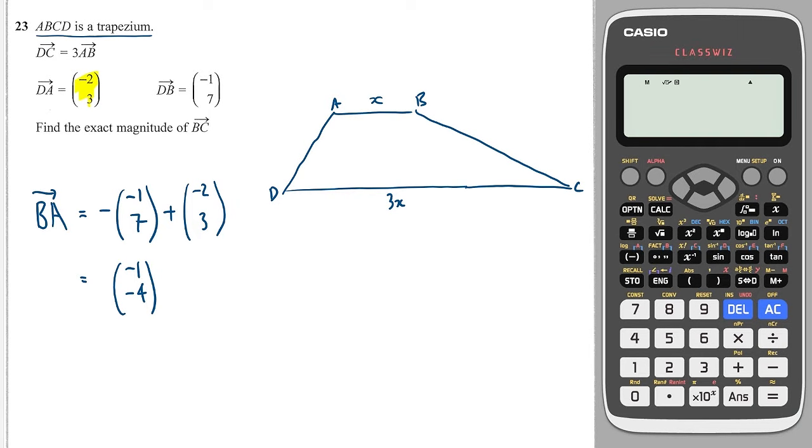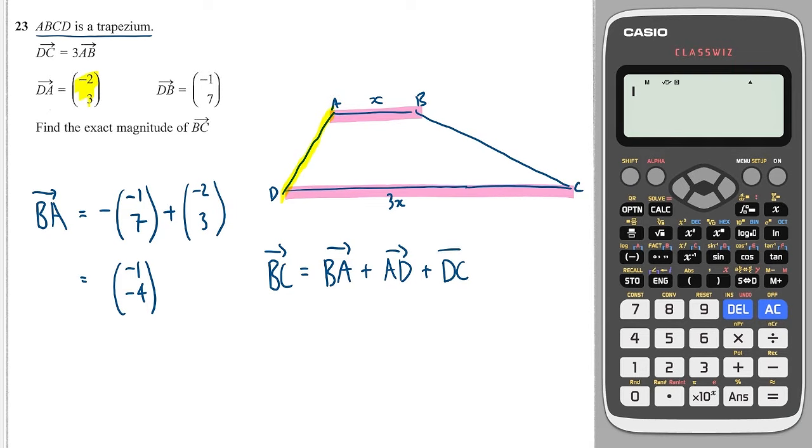So now, if I get rid of these highlighted parts, what we have is B to A, so that's going to take me from there to there. I could then go down AD, because I know DA, and then I could go across DC, because I know it's 3 times AB. So if I want to go from B to C, then I can do B to A plus A to D plus D to C. So B to A we know already, we just worked that one out.